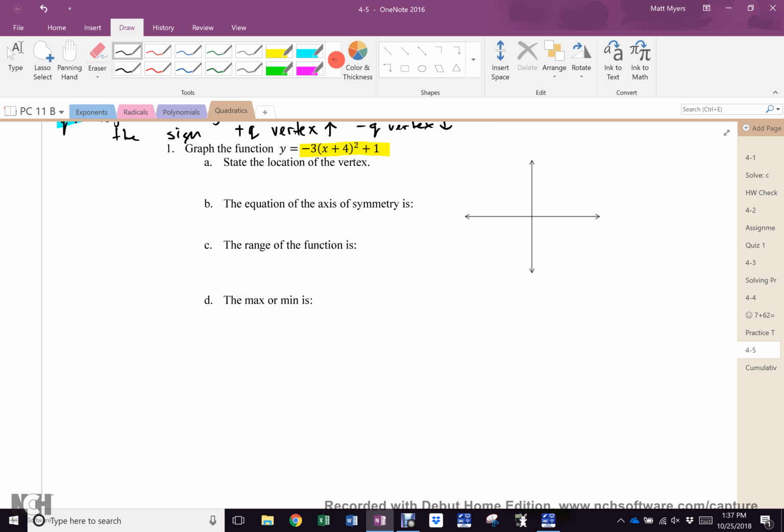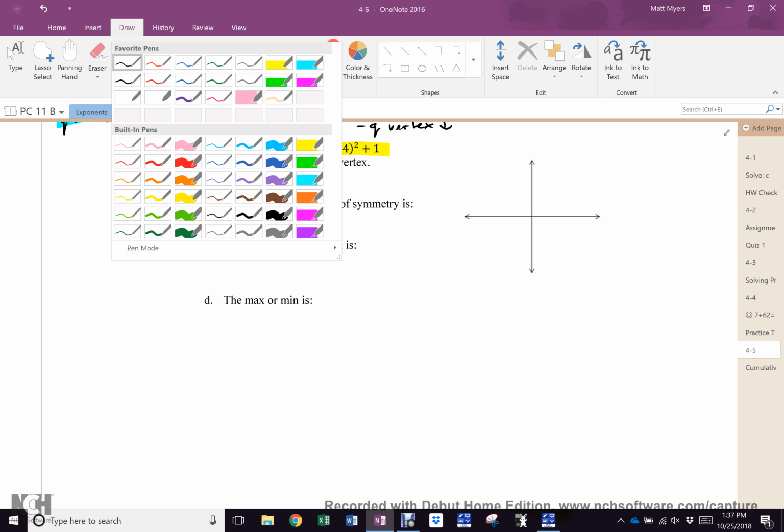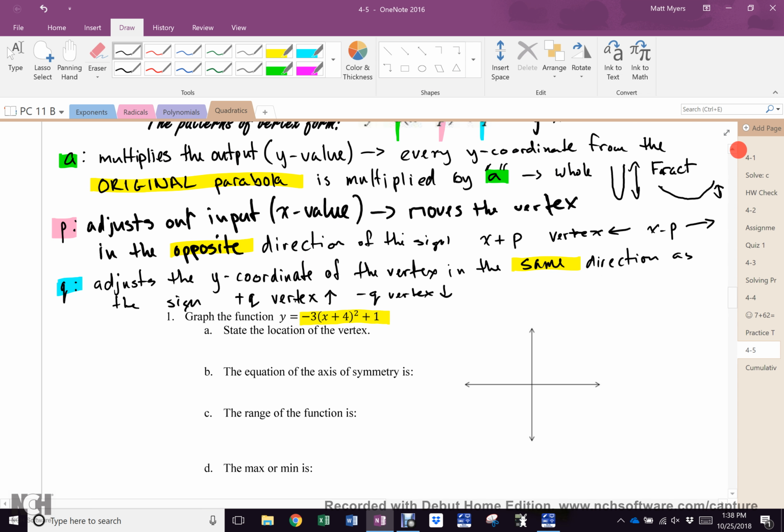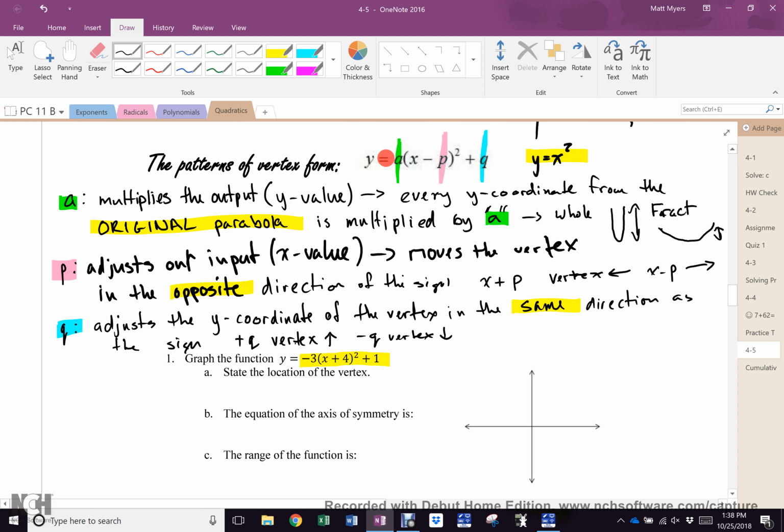So step 1, the location of the vertex. What part of this equation finds me the vertex? The x, the y, the a, the p, or the q? Q is half of the vertex. What's the rest of the vertex? P. So I need to be looking at P and Q. I read my list. I see that P moves the vertex opposite of the sign.